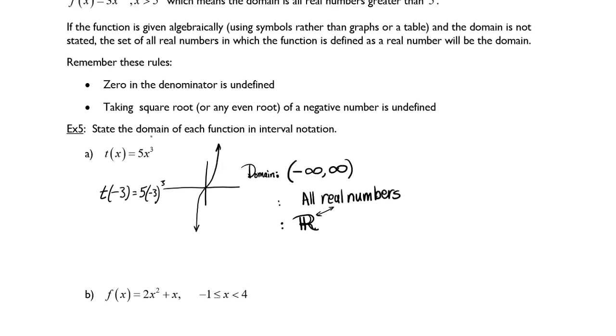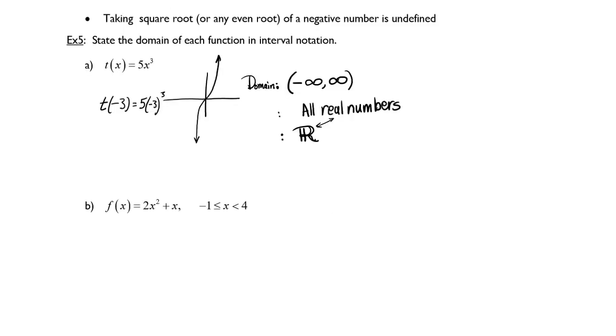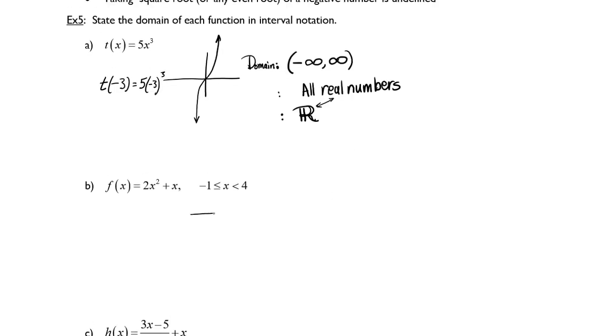Now remember, it says state the domain of each function in interval notation. So looking at this statement here where x is between -1 and 4, we can write this in interval notation. We know that our interval includes -1 and it does not include 4, and it's anything in between here.